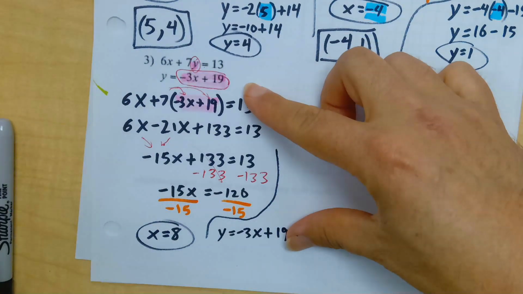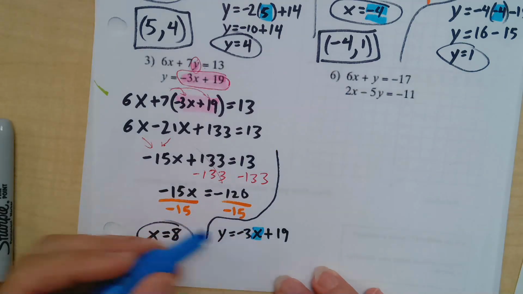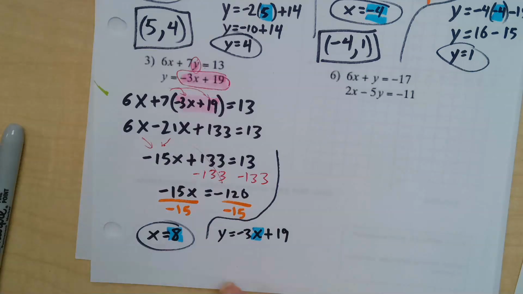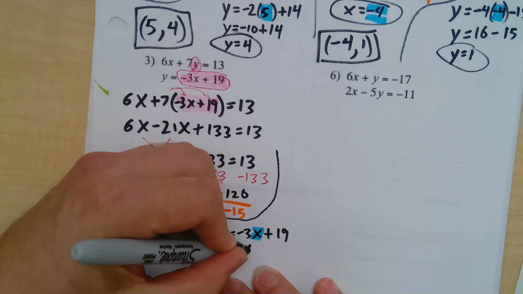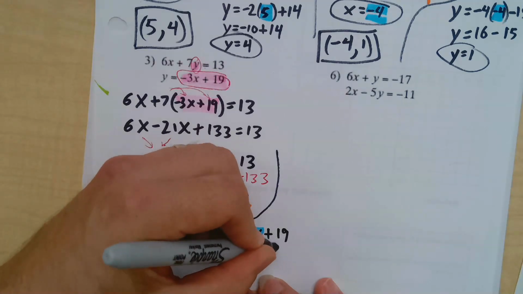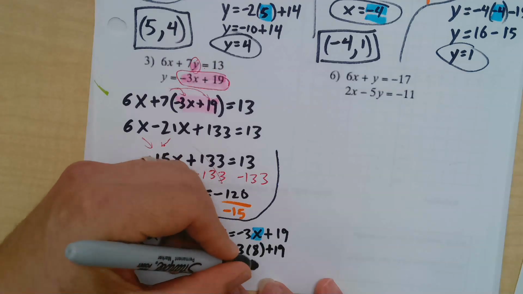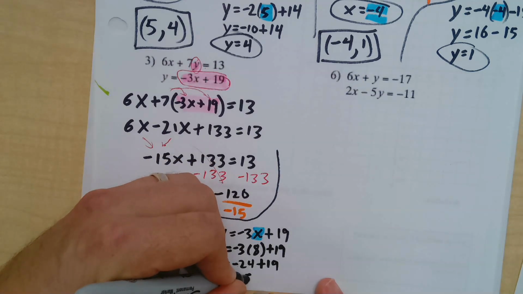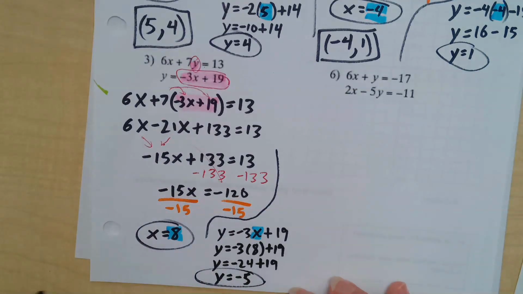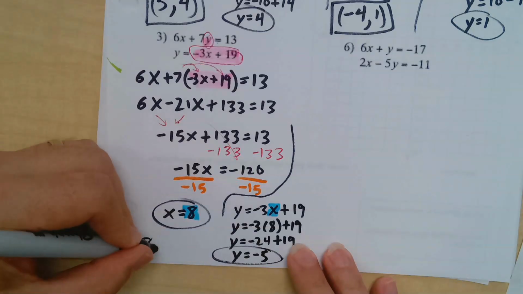Okay, so I'm going to replace x here with 8, and then I get y equals negative 3 times 8 plus 19. So we get y equals negative 24 plus 19, y equals negative 5. So my solution is 8 comma negative 5.